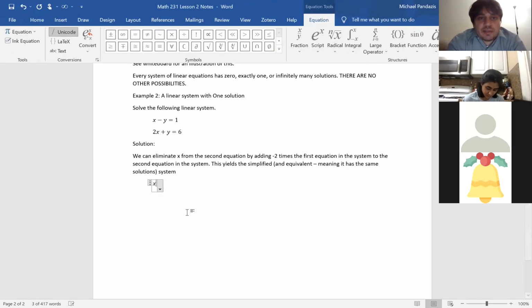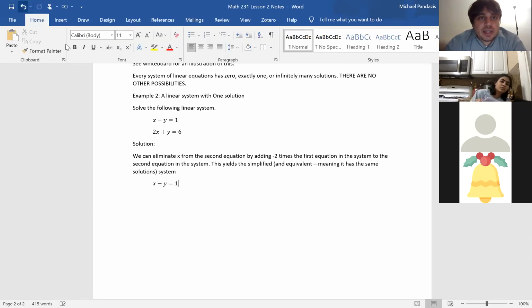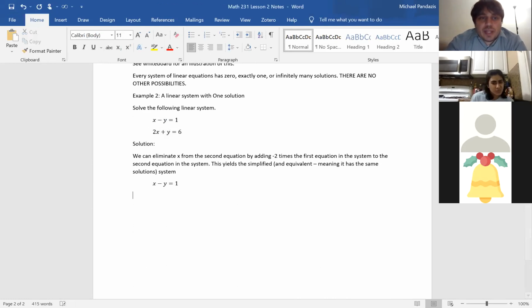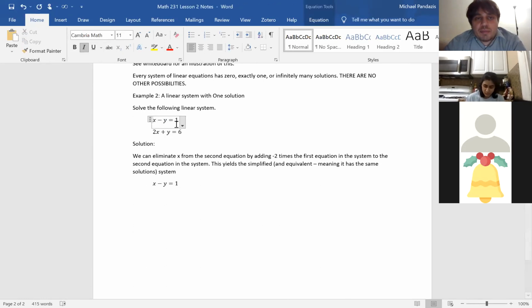So first we had the first equation, x minus y is equal to 1. Then what we did was we added negative 2 times this equation to this one. How you do that is if you take this equation and you multiply everything in it by negative 2, and add it correspondingly here. So negative 2 times x is negative 2x.